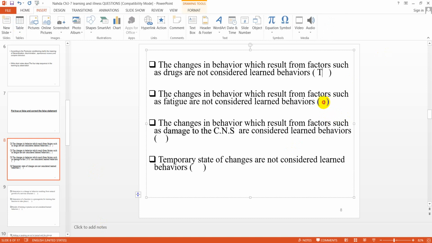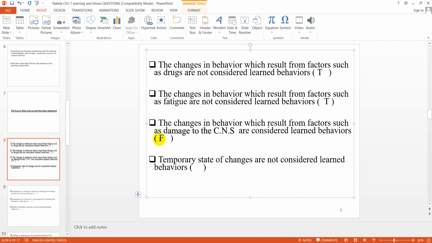Yes, also true. The changes in behavior which result from factors such as damage to the central nervous system are considered learned behavior. No, false, are not considered.